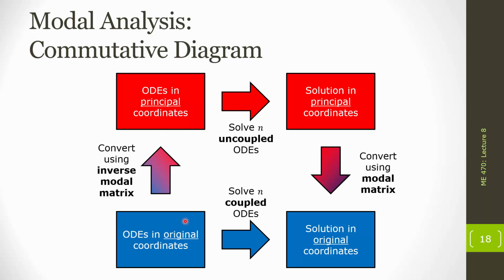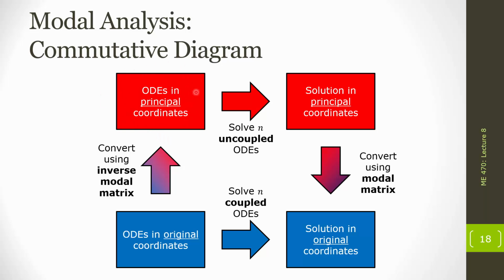And computers are much better at doing linear algebra than they are at doing calculus, and they're much better at doing linear algebra than we are. So we're going to do an end around here. We're going to take our ODEs in our original coordinates and do this coordinate transformation. We're going to change from our original physical coordinates into our principal coordinates Q.